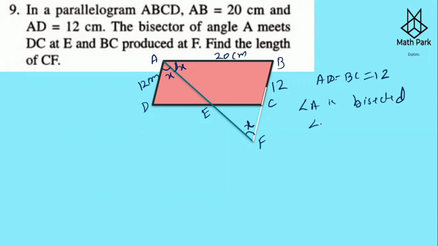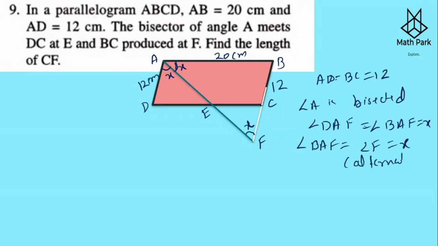Angle DAF is equal to angle BAF is equal to X, and angle DAF is equal to angle F is equal to X because alternate angles are equal. Now you can see this is an easy question. Therefore triangle BAF is isosceles.